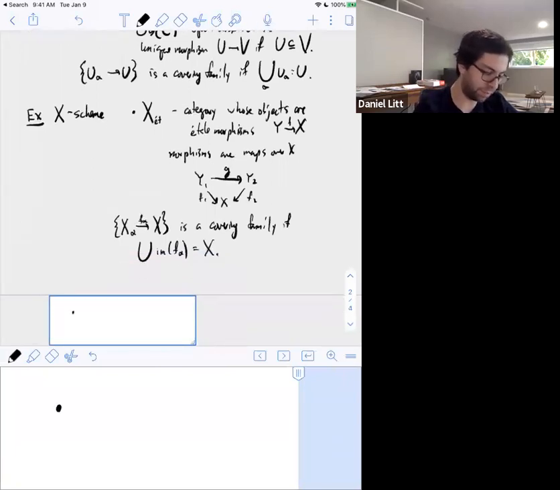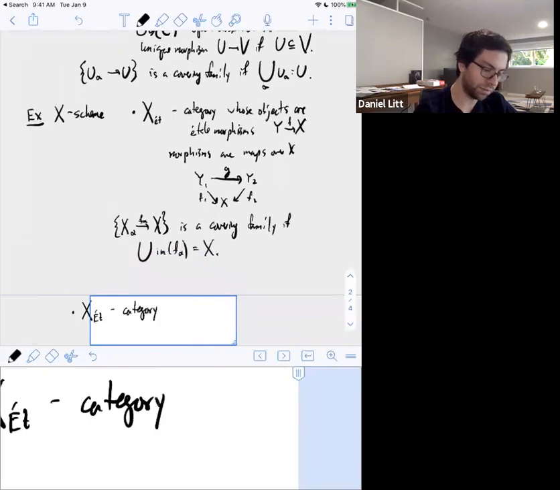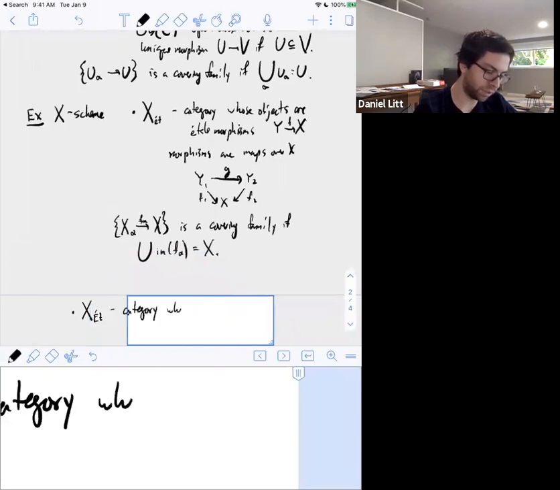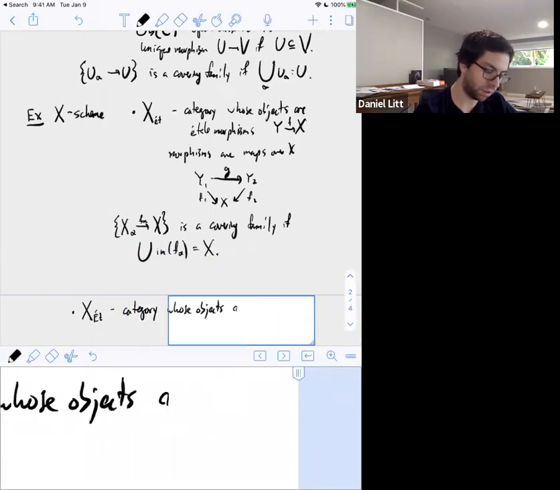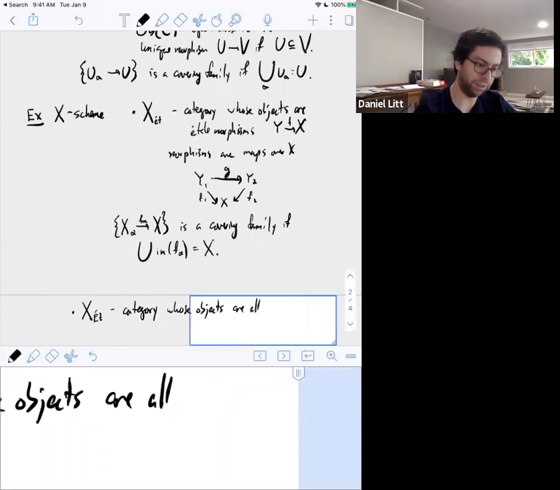Okay, so let's now define the big Étale site, and I think Milne uses a capital E to distinguish this from the small Étale site. So this is a different category. The underlying category is genuinely different. So this is the category whose objects are all X schemes.